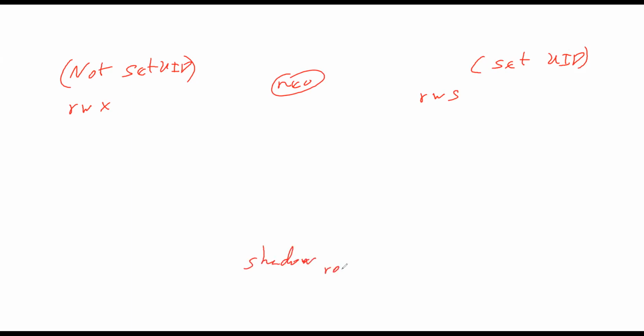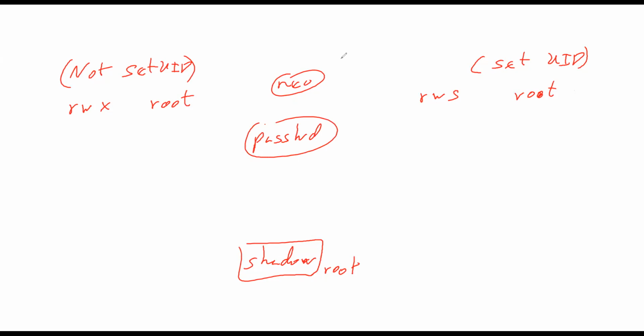Shadow is owned by root. So that's going to be challenging. This file is owned by root. And this one is owned by root. Right? And as I said, you need basically a program that you can run to access the shadow file and change the password, right? Remember that this script also, that's this script, right? So, this one or that one, that scenario.